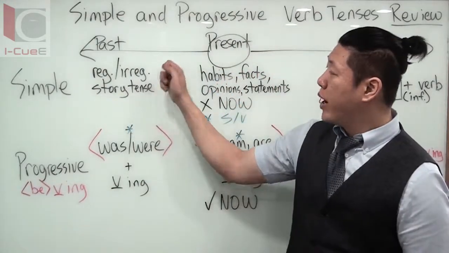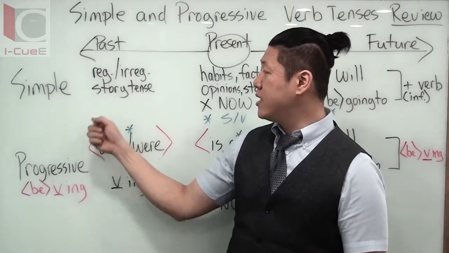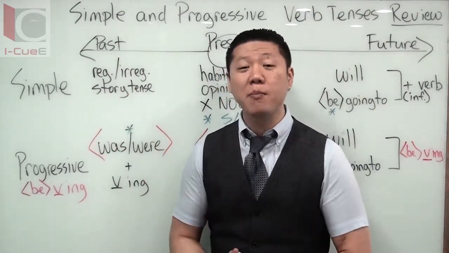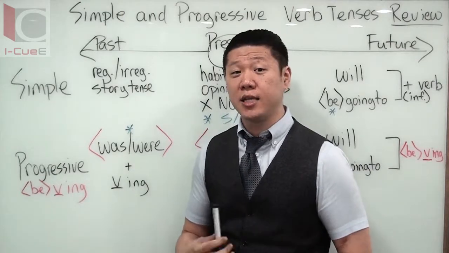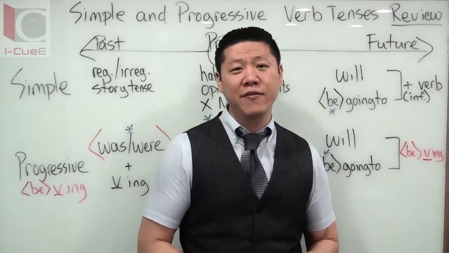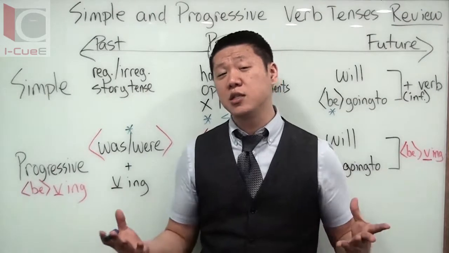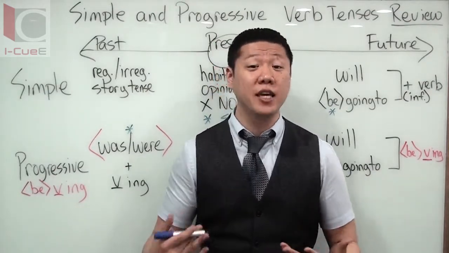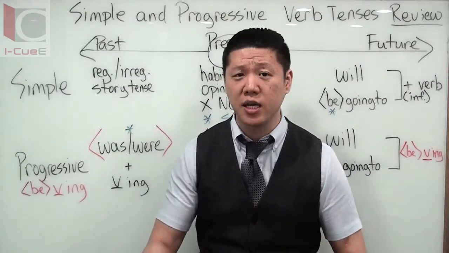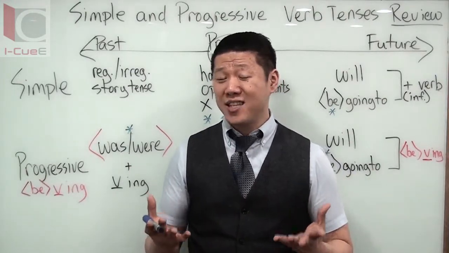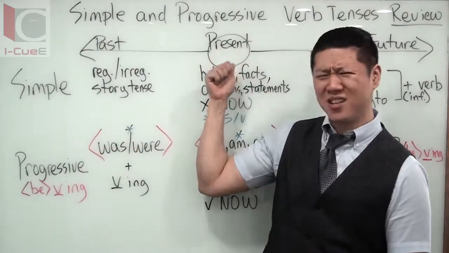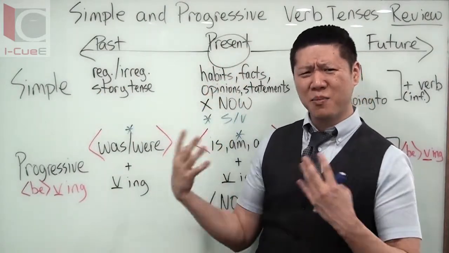But regular, irregular is for the simple past tense, as well as when you are telling a story. The simple past tense is your storytelling tense. A lot of times I give assignments to my students to say, tell me about what you did last weekend, or tell me about your summer vacation, tell me about your last birthday, something. And when they tell me their story, a lot of times they're actually telling me their story in the simple present tense or in some other tense.